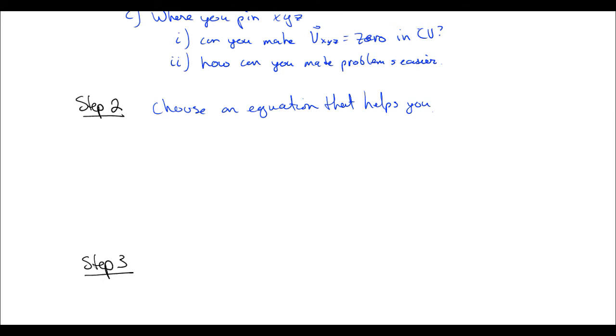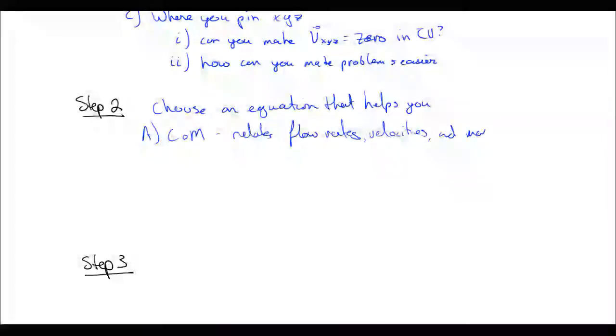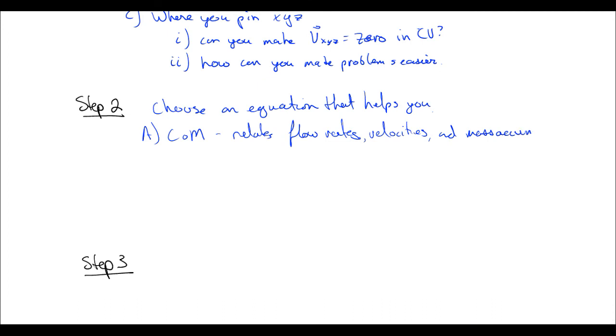Step two, choose an equation that helps you. So, for example, A, conservation of mass. It relates flow rates, velocities, and mass accumulation or volume changes.